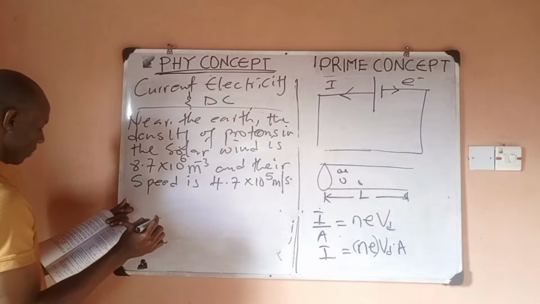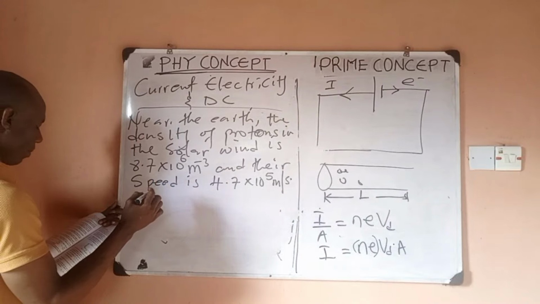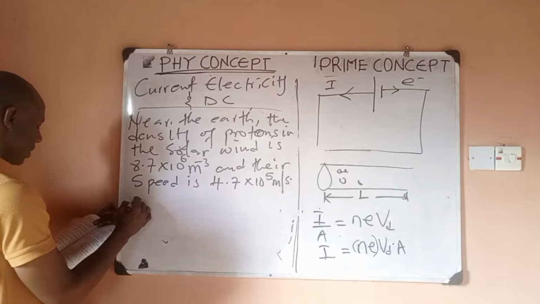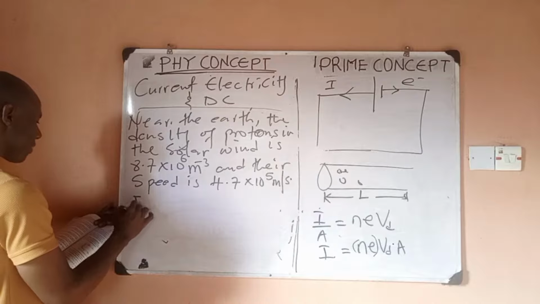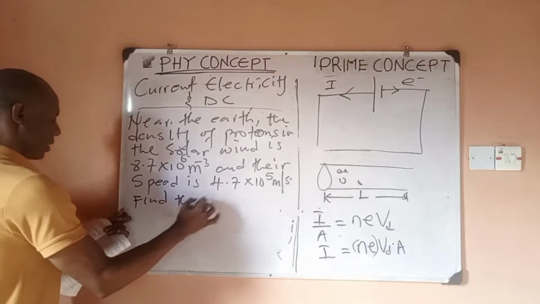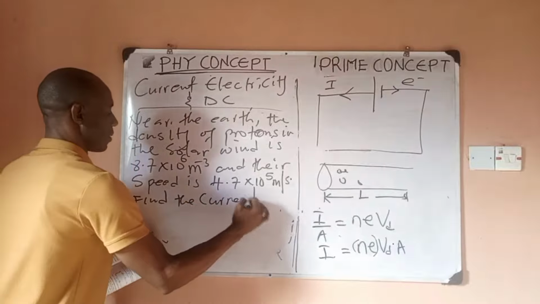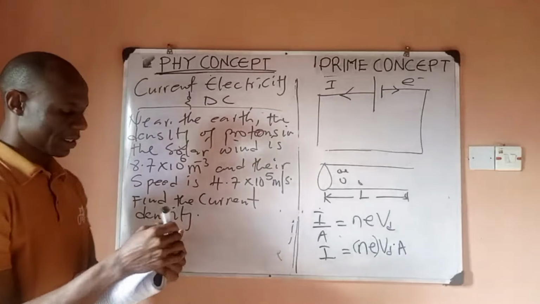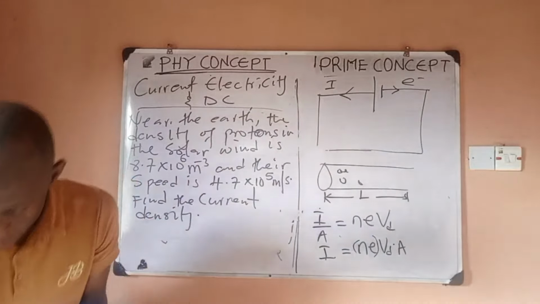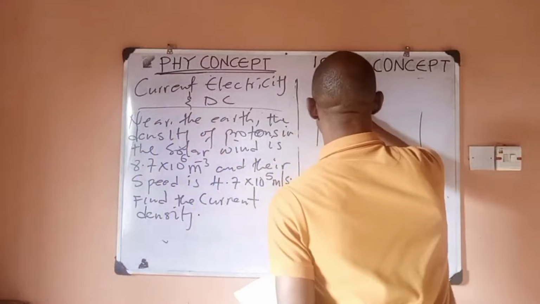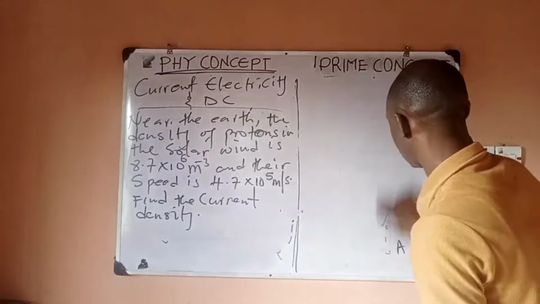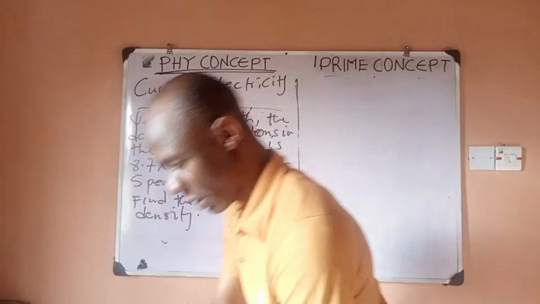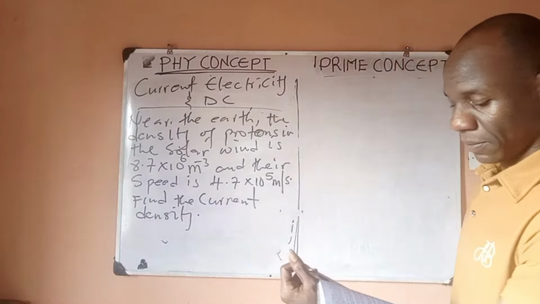So we said find the current density. I'll give you 30 seconds to solve this.